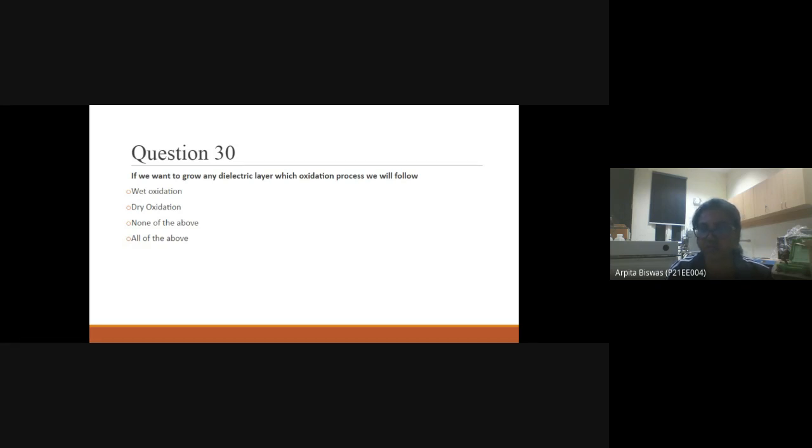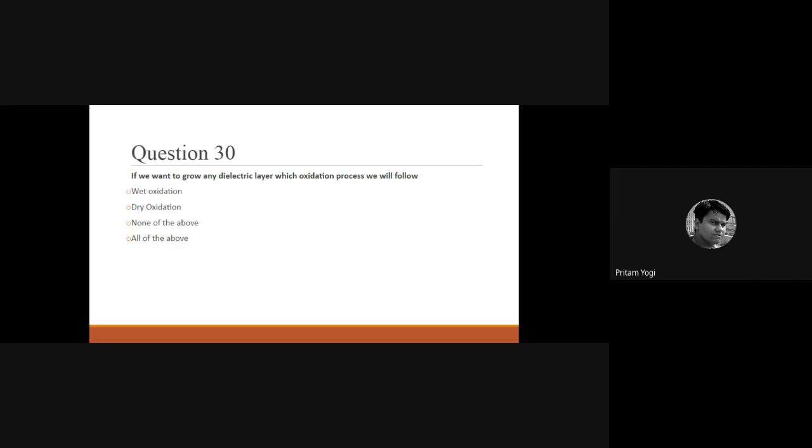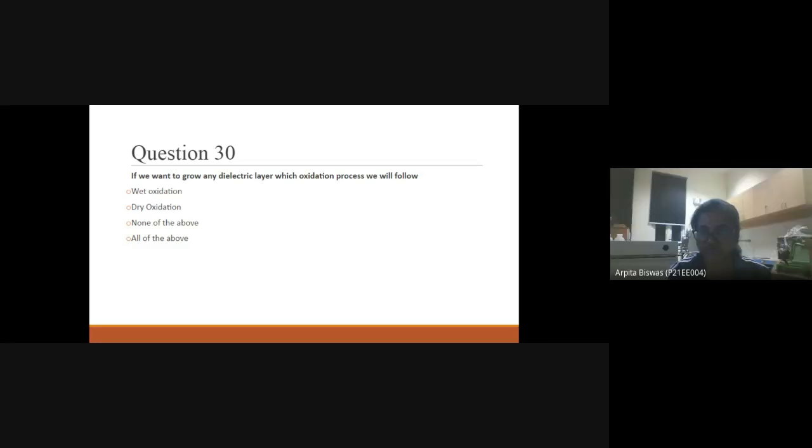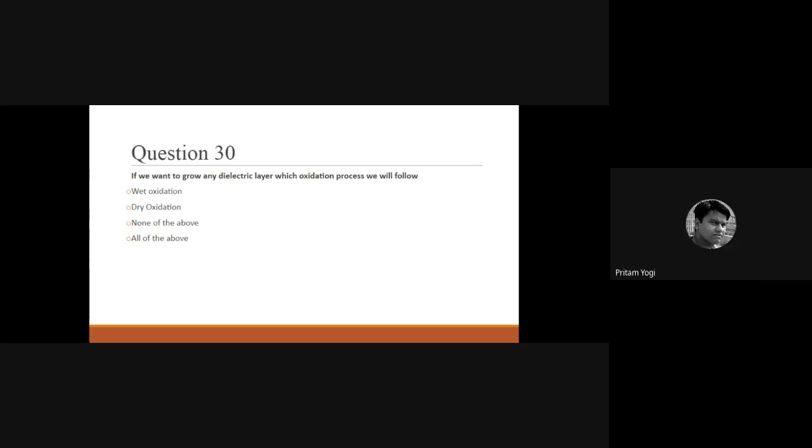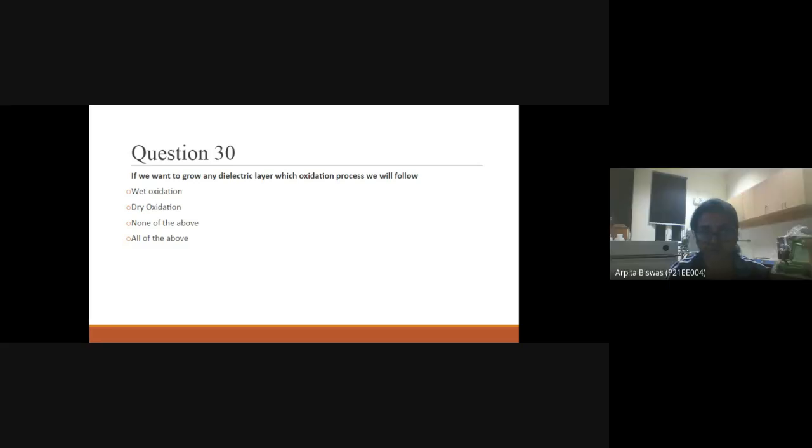It's an insulating layer. Insulating layer means I'm talking about the quality. It should be free of contaminants and traps, non-porous. So dry oxidation we use for the gate oxide. Yes, for the dry oxidation process we get high quality, right?